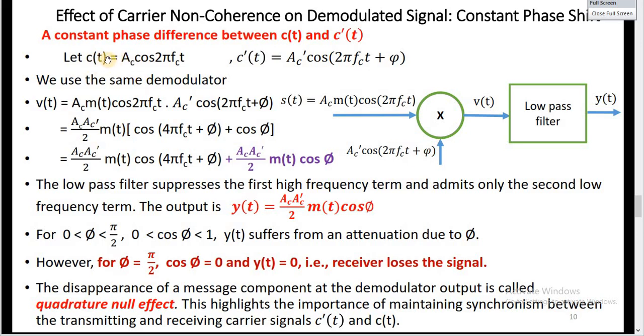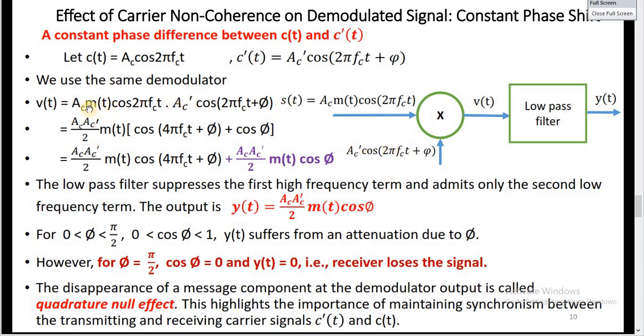The carrier at the transmitting side, C of t equals AC cosine 2 pi fct. Our locally generated carrier is AC prime cosine 2 pi fct plus phi. Now we use the same demodulator as the one we used before, so we mix the incoming signal with the locally generated carrier. V of t equals AC m of t cosine 2 pi fct times AC prime cosine 2 pi fct plus phi.